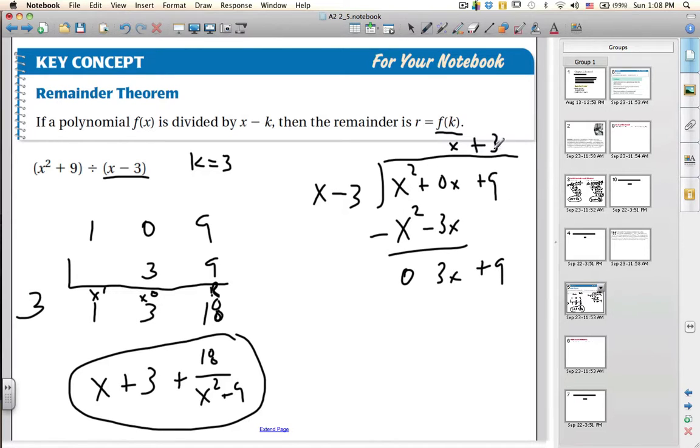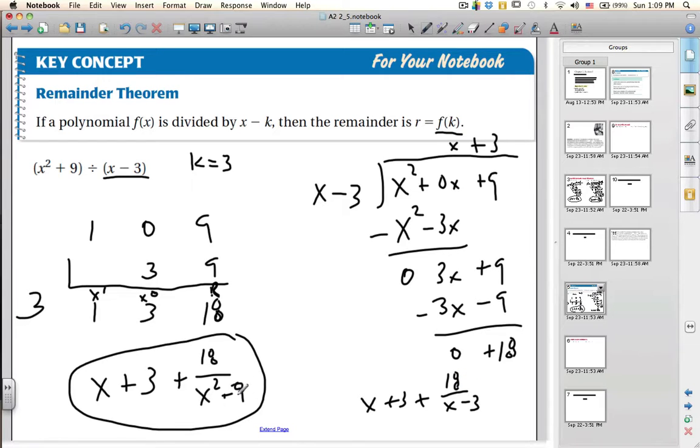I multiply it by 3. 3 times x is 3x, and 3 times minus 3 is minus 9. And I subtract. 3x minus 3x is 0, and 9 minus negative 9 is 18. So my solution is x plus 3 plus 18 over x minus 3.